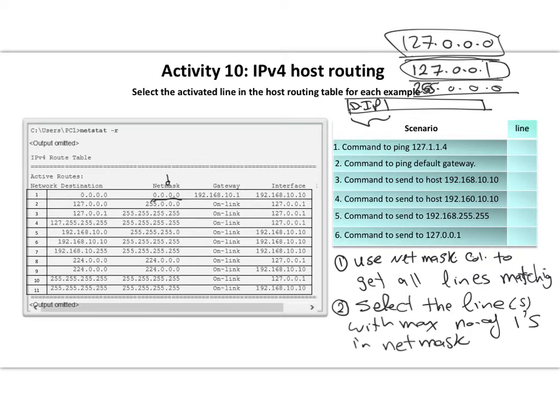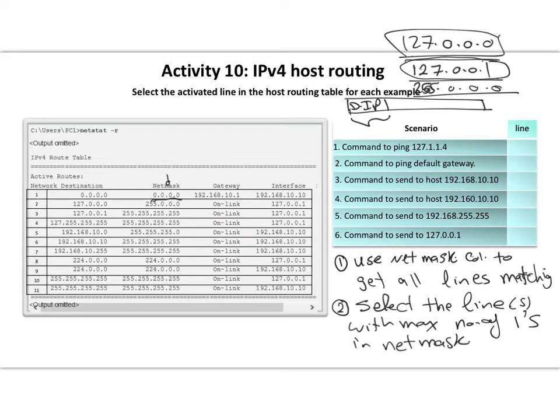So which one do we select in that case? We look at the net mask column and find the line that has the maximum number of ones, which in that case is line 3. We select that line for routing, which means that this line will be activated if the destination IP address is 127.0.0.1.